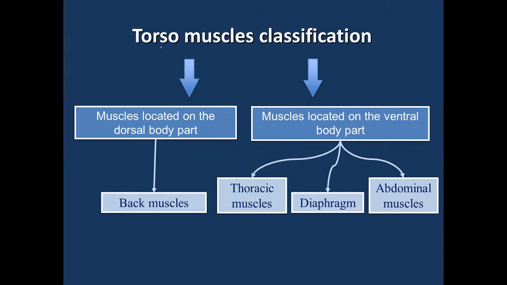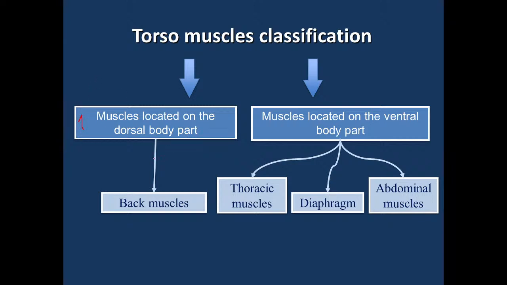Here you see torso muscle classification, and there are 2 groups of torso muscle. First group, this is number 1.